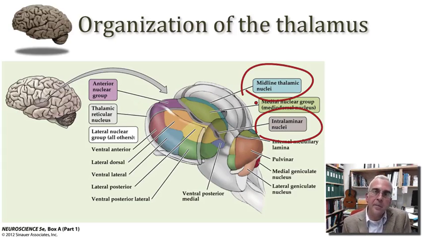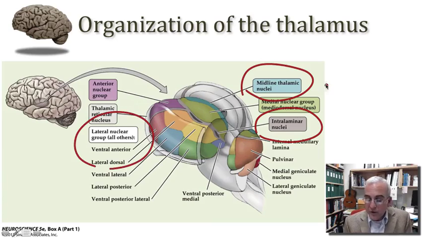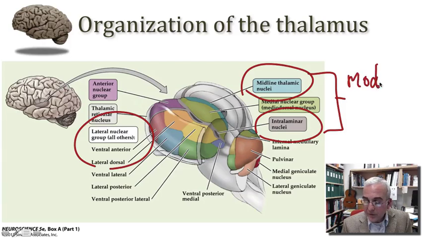We don't think of them as conveying specific signals, such as our sensory and motor nuclei that we find out here in our lateral group. Rather, we think of these midline nuclei and interlaminar nuclei as being primarily modulatory in function, rather than conveying specific information.